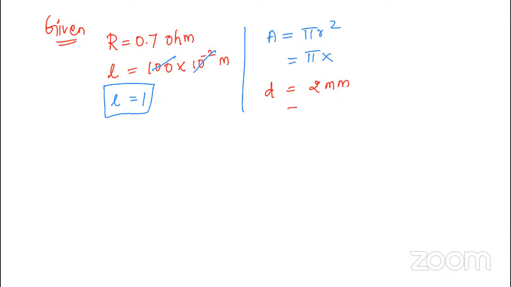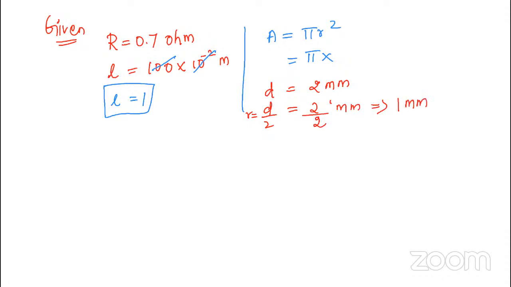For the R value, D by 2 should be equal to R. So 2 divided by 2 millimeter, we write 1 millimeter.